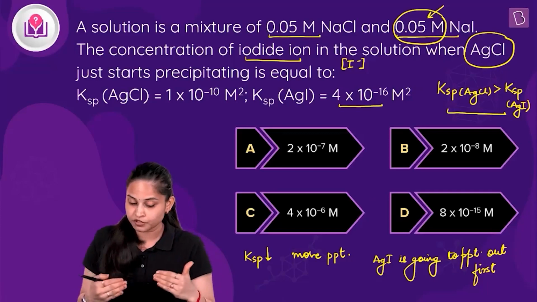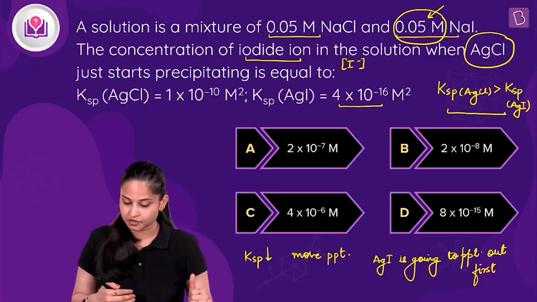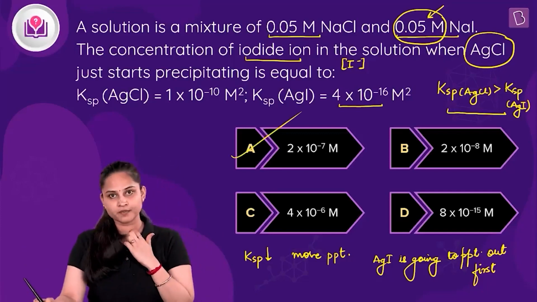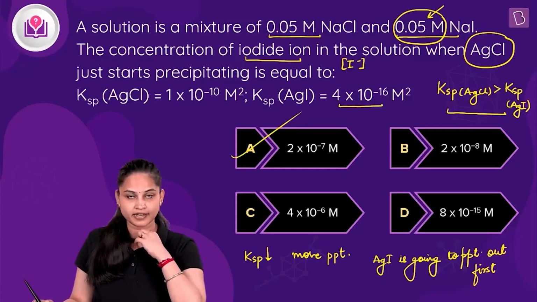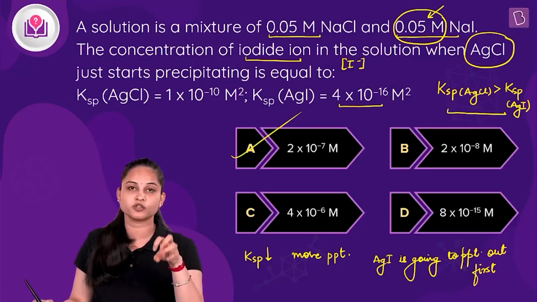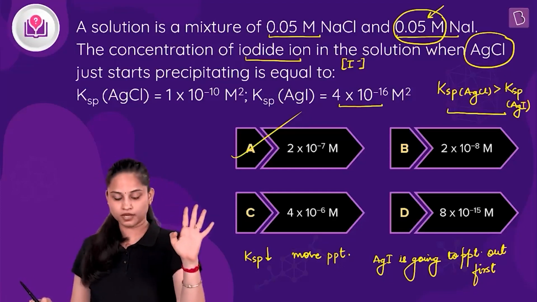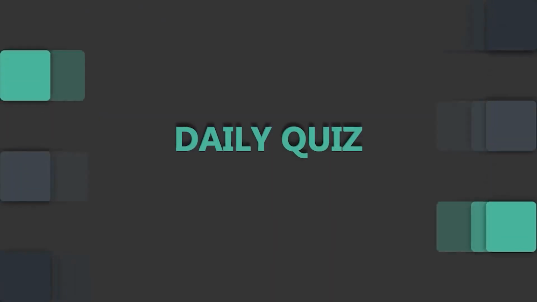So the concentration of iodide ion when AgCl just starts to precipitate out is option A, 2 × 10⁻⁷ molar. What you find is that the molar concentration of iodide ion has been reduced from 0.05 to 2 × 10⁻⁷ molar. Is it okay? Fine. Option A is the right answer to this question.